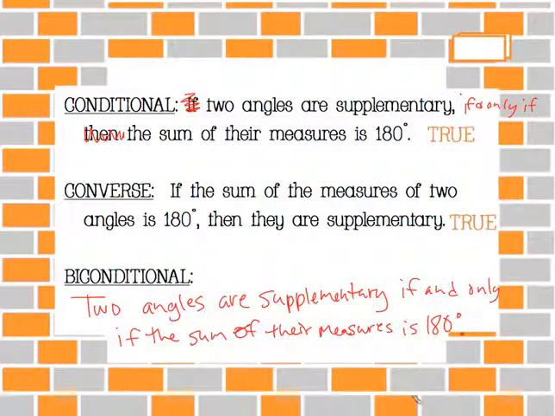Period. Now you could also write it the other way, like the sum of their measures is 180 if and only if the 2 angles are supplementary, but it's just as easy to do it that way.